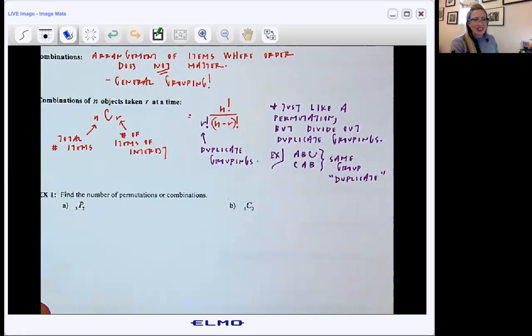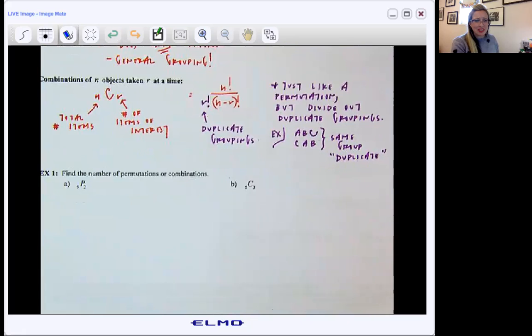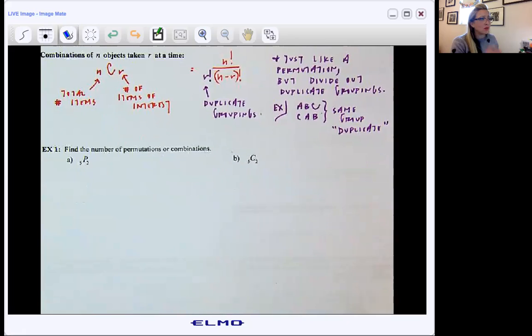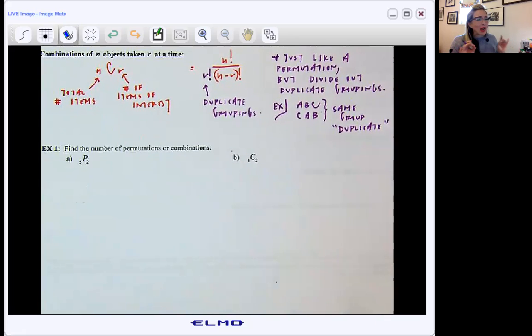So again, combination, just like a permutation, but since the order no longer matters, it doesn't matter how I pull them. So if I have a group of A, B, and C, it's the same group as CAB or BCA, etc. Those are duplicate groups of the same 3 people.